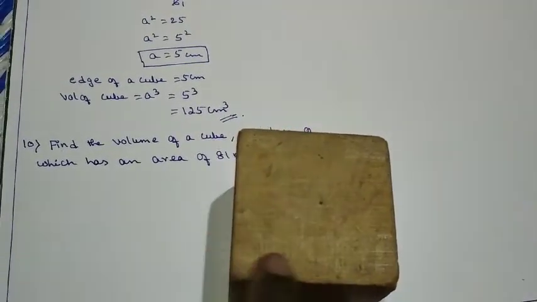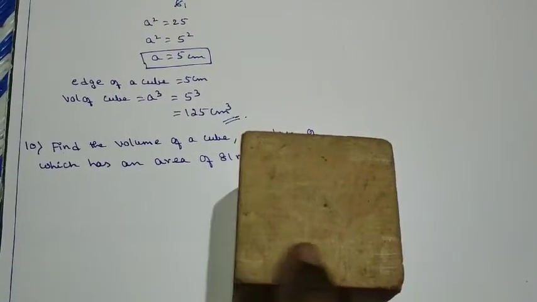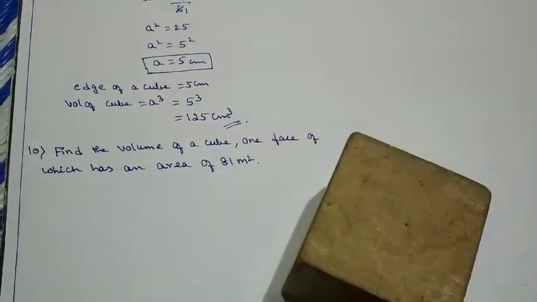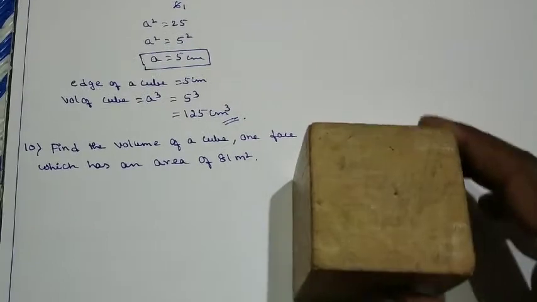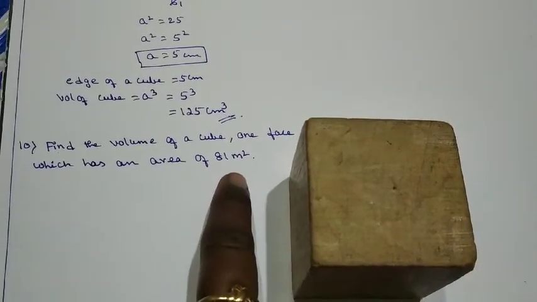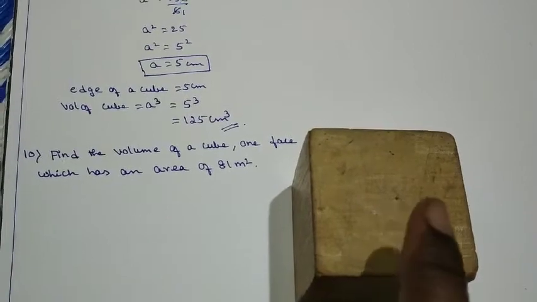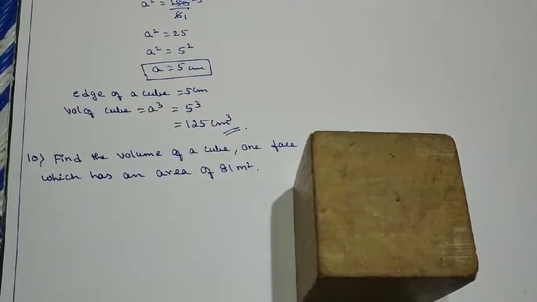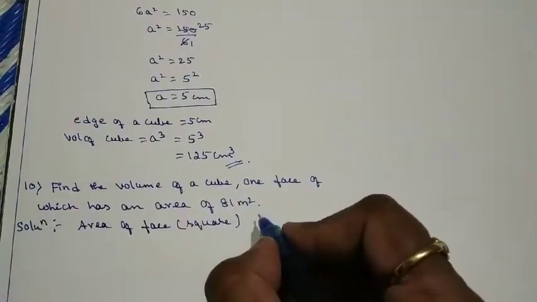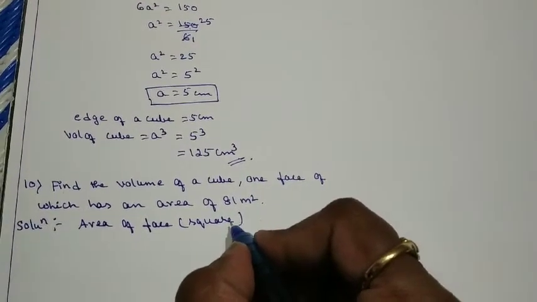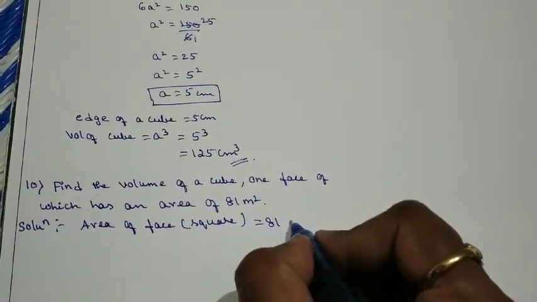So whose one face area, that is area of square, is 81 meter square. So here the faces are made up of squares. Therefore area of square is 81 meter square.